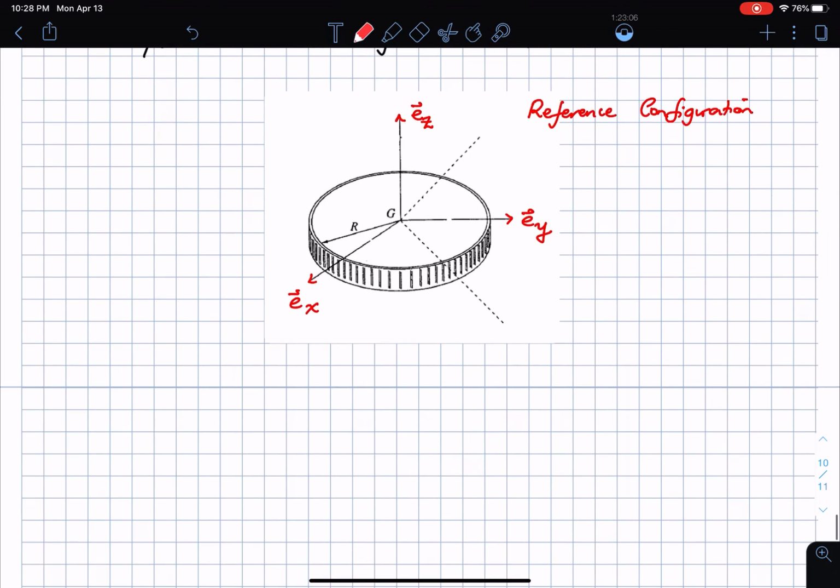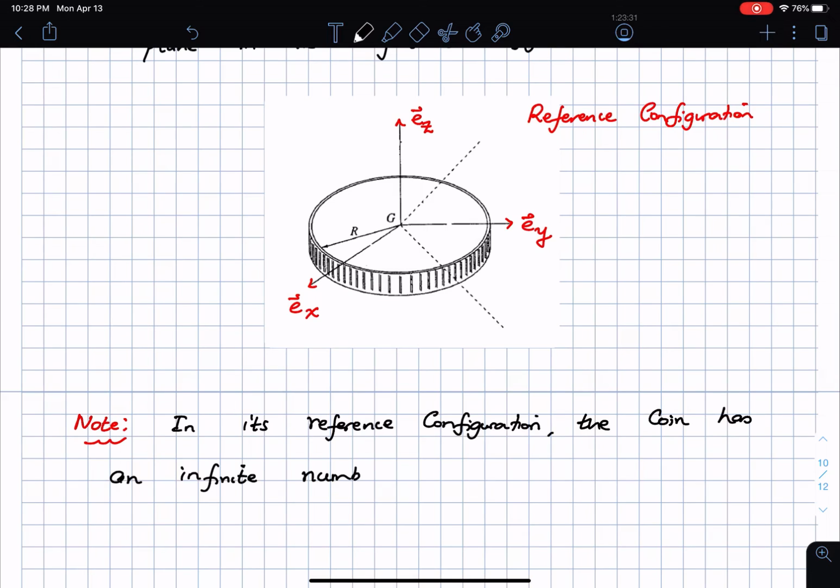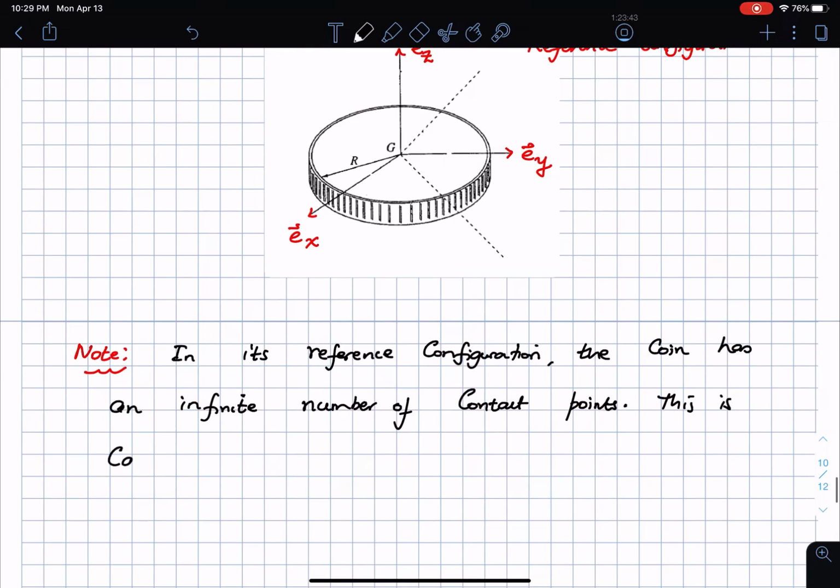This is something that you want to notice. This is called a physical singularity.